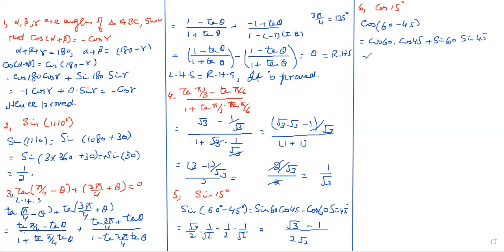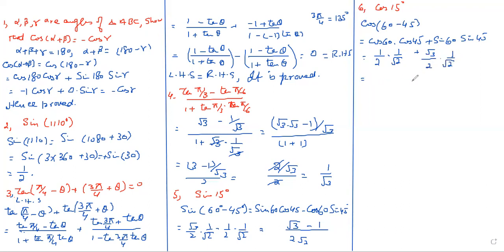Let's see what happens. Cosine 60 is 1 over 2 and cosine 45 is 1 over 2 root, plus sine 60 is root 3 over 2 and sine 45 is 1 over 2 root.